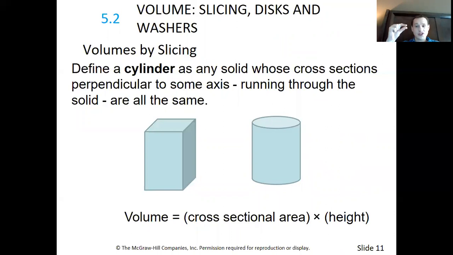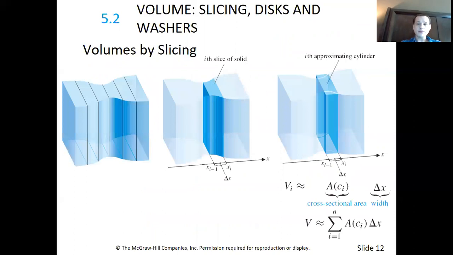If you go down to an infinitely small level, a little chunk of volume is going to be whatever that area is times a little chunk of height. That's going to be the concept. It's kind of nice to think of slicing like a loaf of bread. You want to find the volume of a loaf of bread and you know the area equation for each slice. Let's say your bread is lined up along the x-axis and you take a little slice of it.